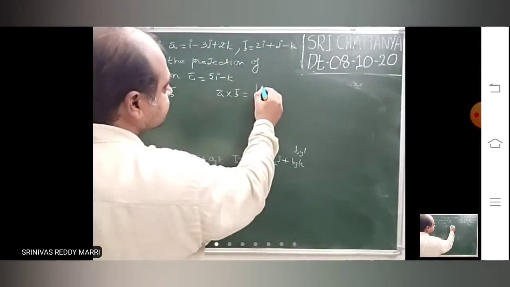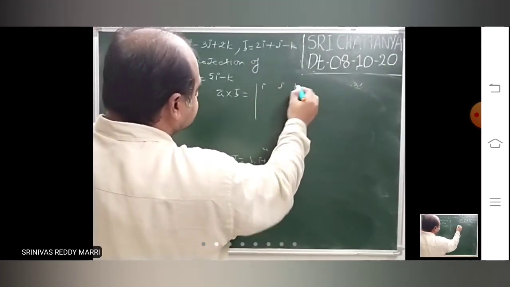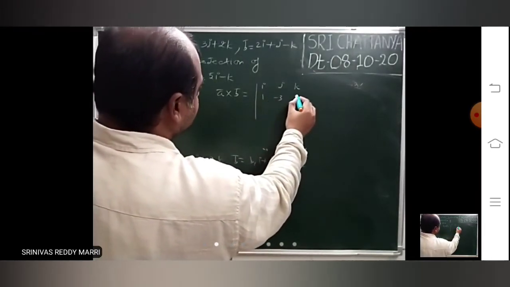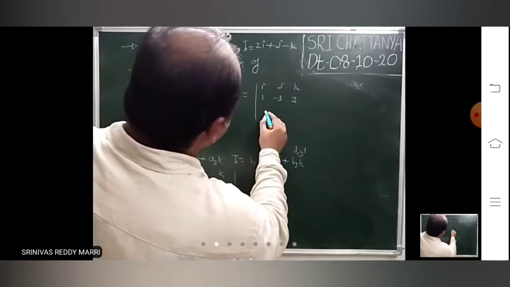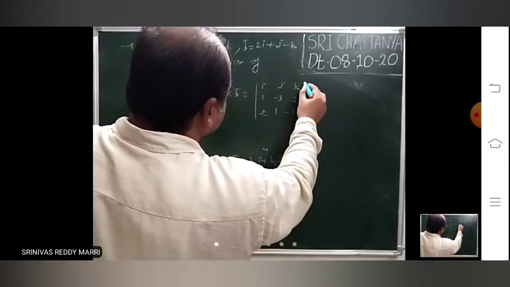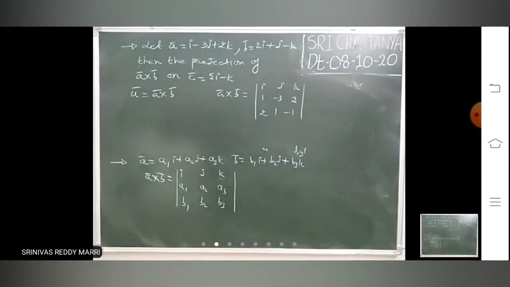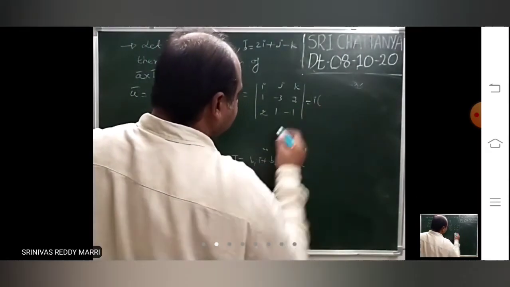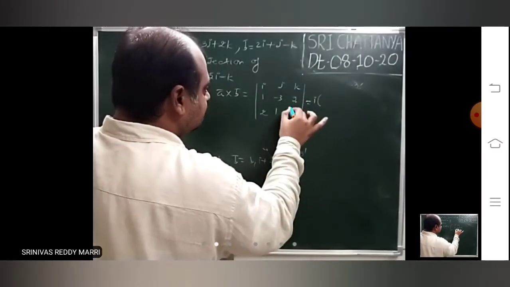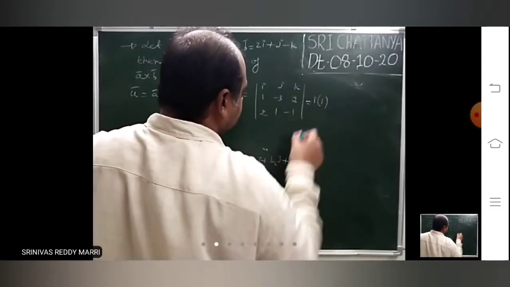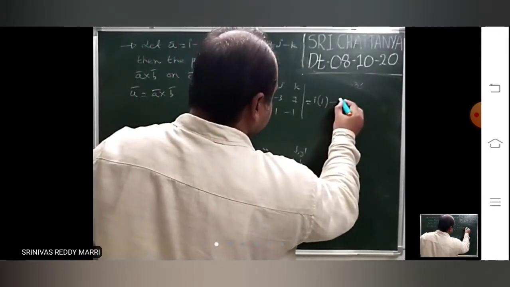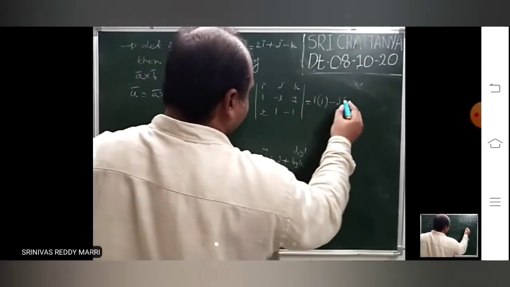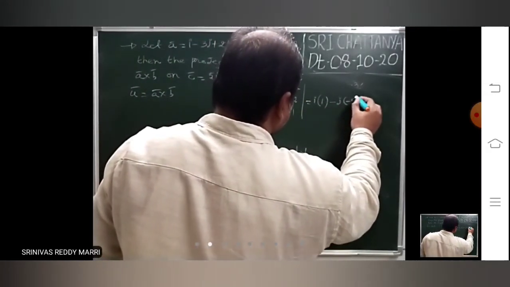If two vectors are given, just write i, j, k in the first row. In the second row, A bar: 1, minus 3, 2. In the third row, write this vector. So you expand the determinant: i into, closing this column and this row, 3 minus 2, which is 1. Minus j into, closing this column and this row, minus 1 minus 4, which is minus 5.